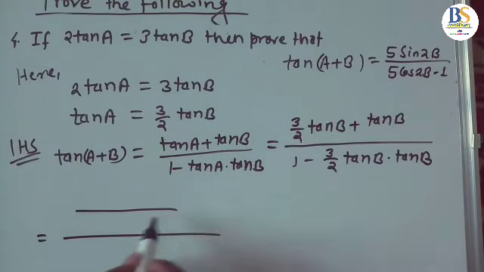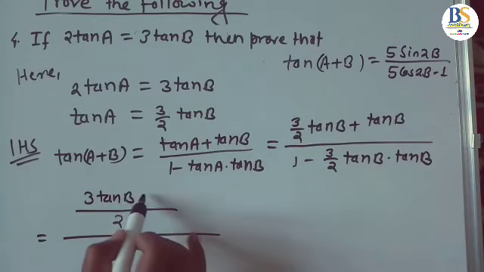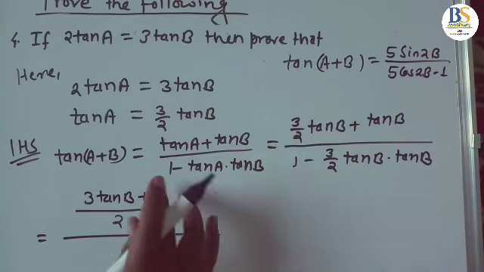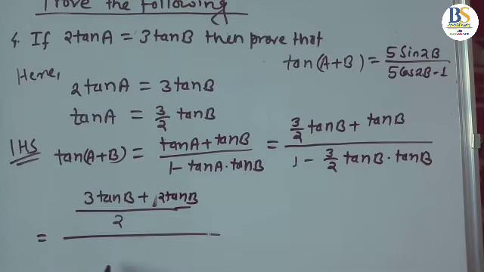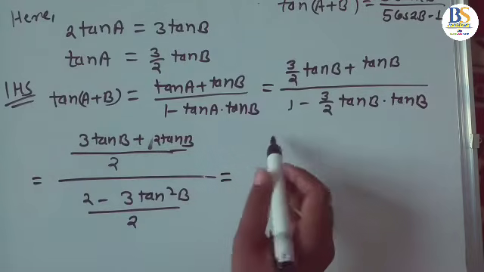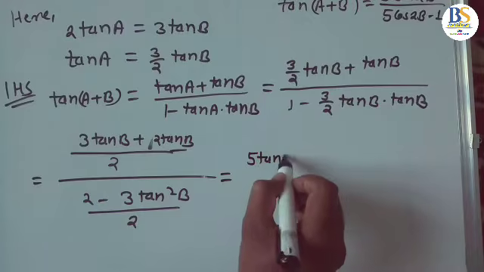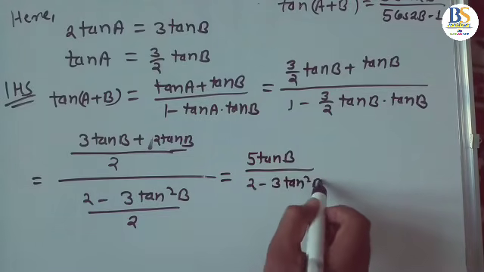There is 2 as LCM: at the numerator, 3 tan b plus 2 tan b, divided by 2 as LCM, 2 minus 3 tan square b. Then 2 cancels out, we can write 3 tan b plus 2 tan b is 5 tan b upon 2 minus 3 tan square b.